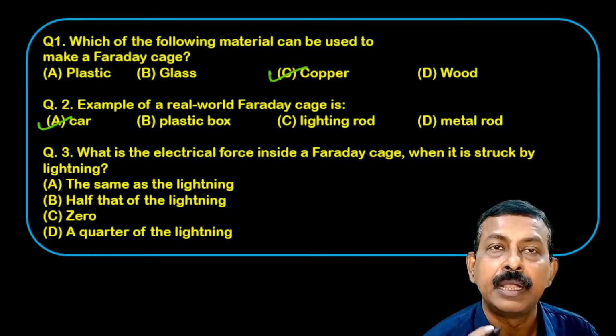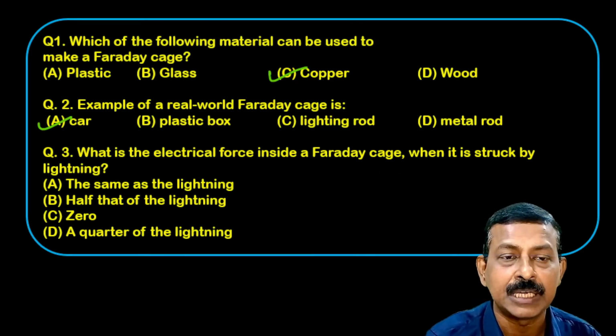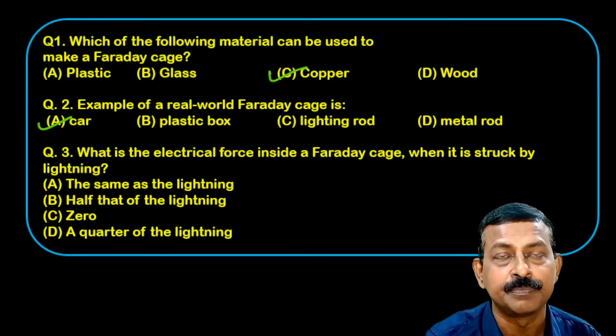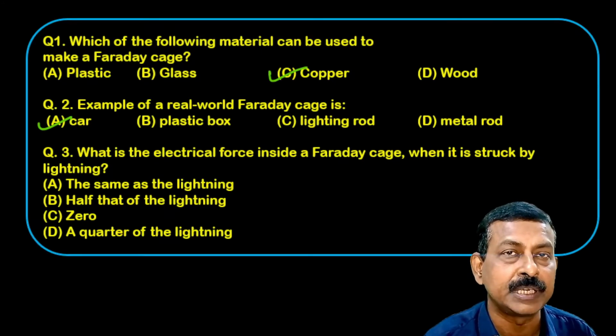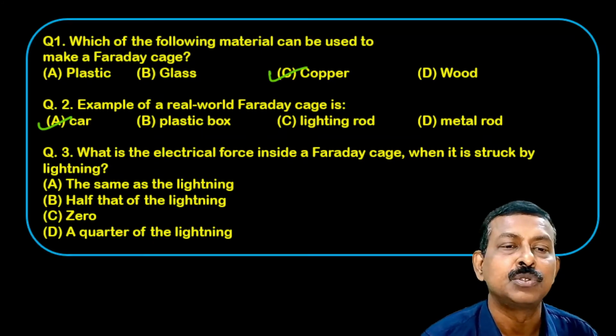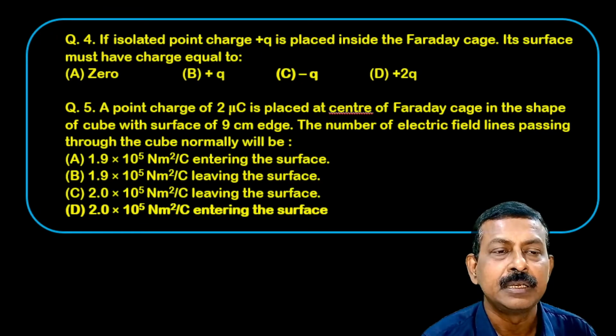Now, inside a Faraday cage, there is no effect of the charges on the enclosure, that is the Faraday cage, and on the things which are kept inside. So there is no electric field. As there is no electric field, obviously the force they will experience will be 0.